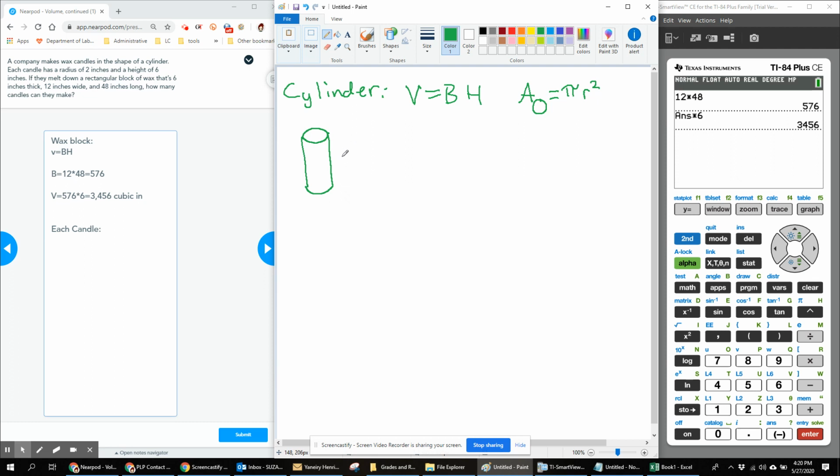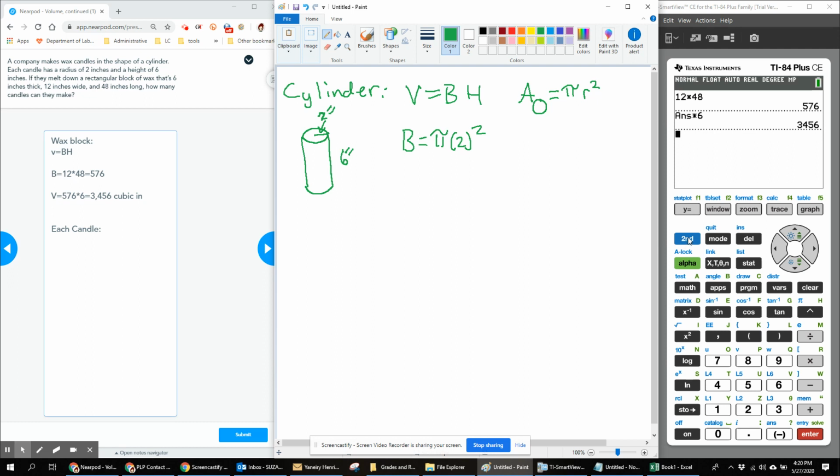So the candle's height of 6 inches, and the radius is 2 inches. So base equals pi r squared. So pi times 2 squared. So 2 squared is 4.